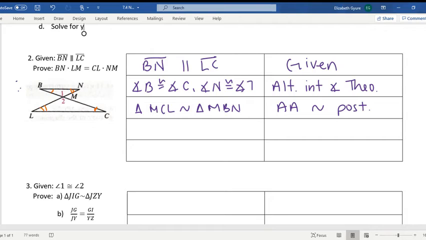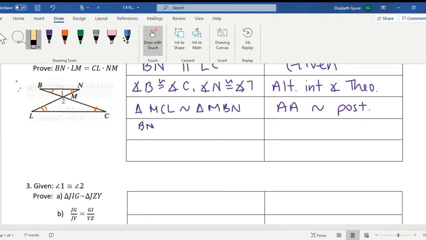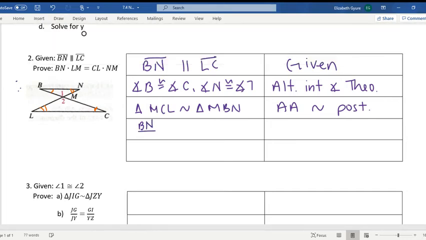All right, now that we know the two triangles are similar, then we know that their corresponding sides are in proportion according to the definition of similar polygons. So what we can then say is that the ratio of BN to CL is equivalent to the ratio of NM to LM.